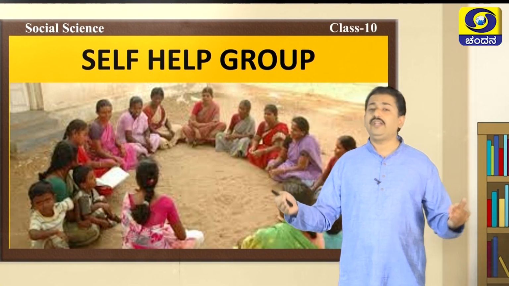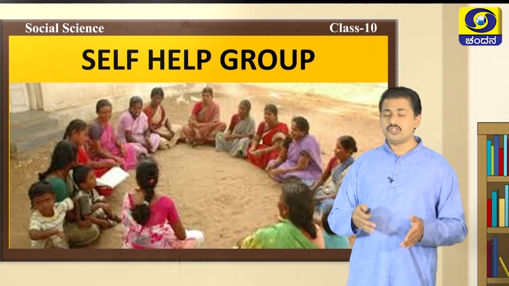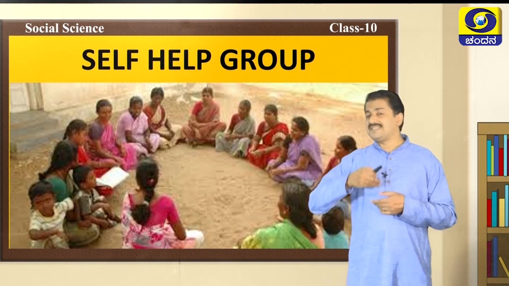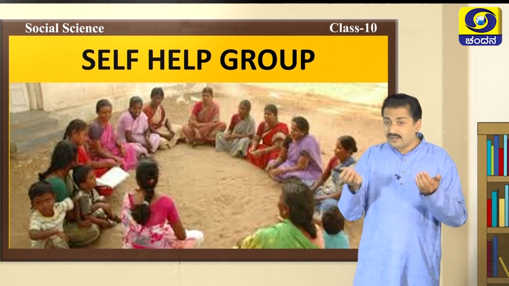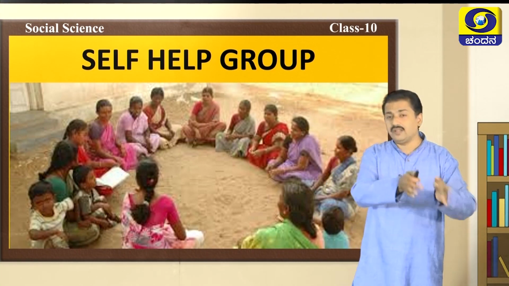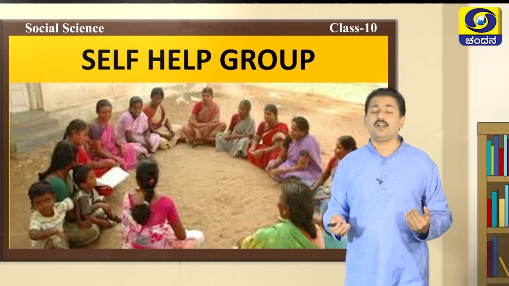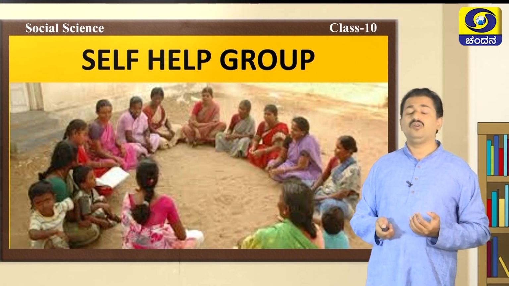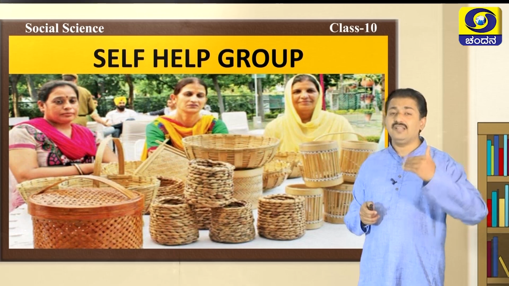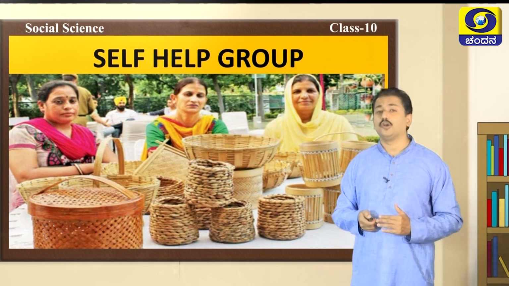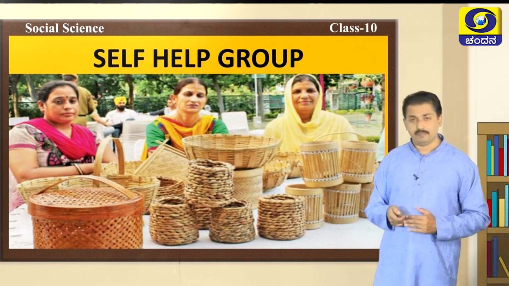Here about 15 to 20 women invest jointly and produce, sell, and whatever income they earn is put in the bank, and whenever they require a loan they obtain it. So, this is called a self-help group. In India, self-help groups are increasing the financial status of rural and urban women.